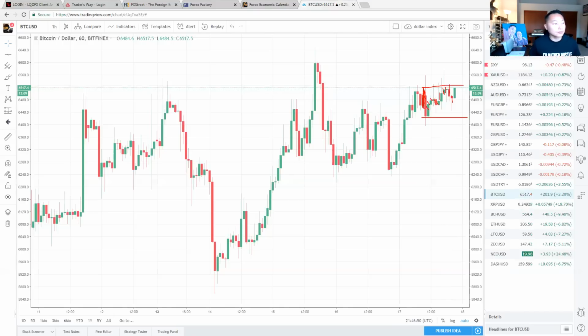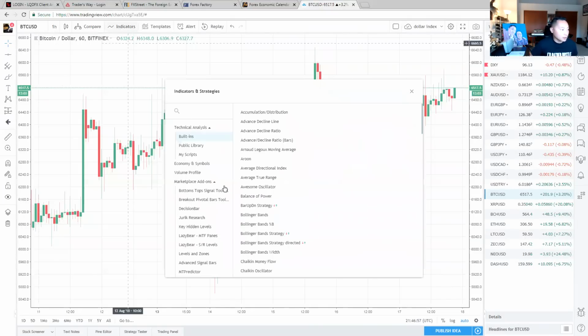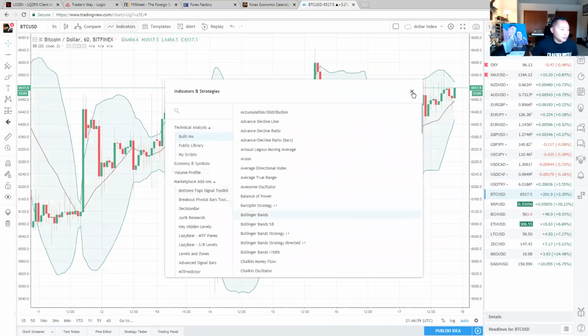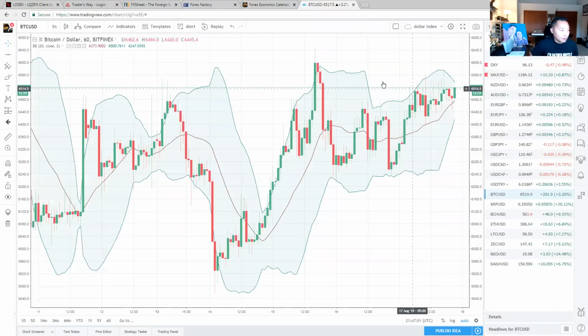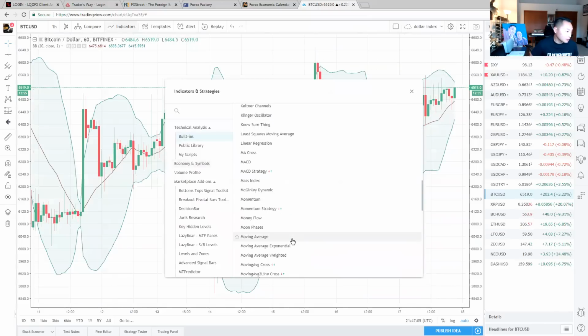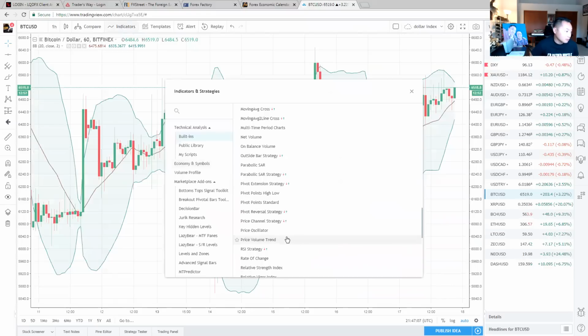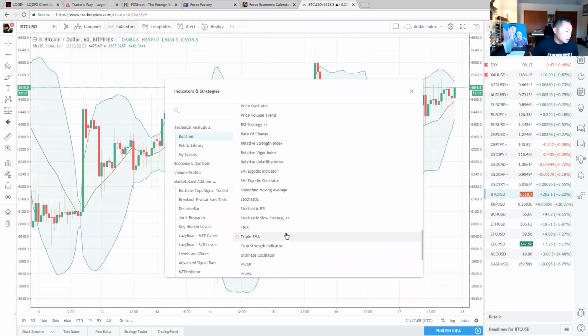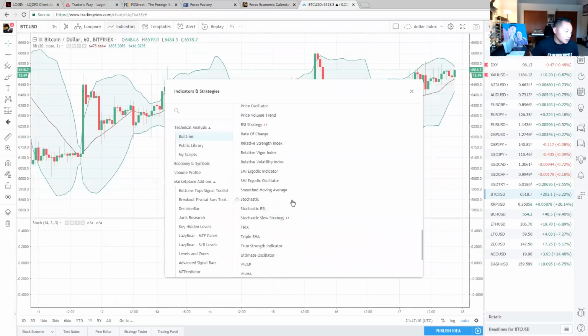So I'm going to go back and add the Bollinger Bands. Those of you that are still using the Bollinger Bands here, okay? And then I'm gonna add stochastic.